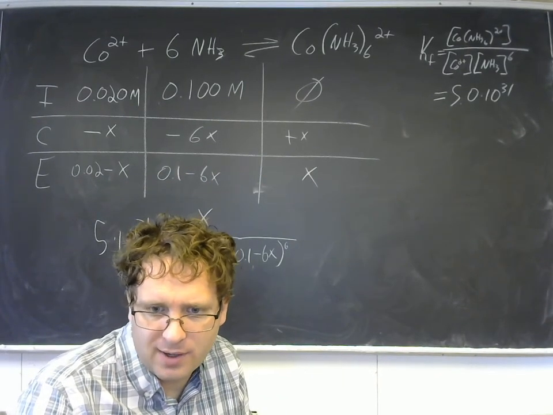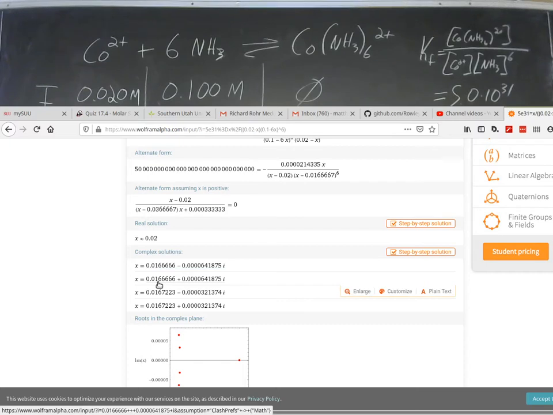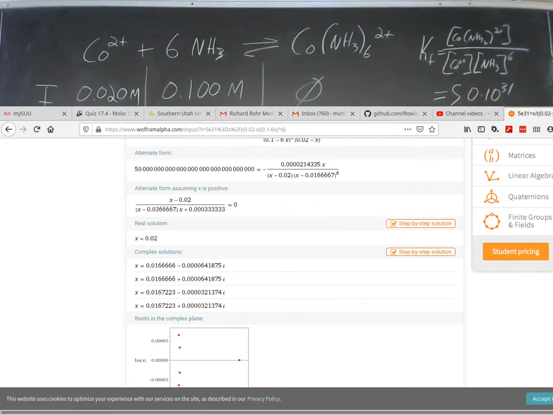We can come back to Wolfram, and like I said, let's look at these two values here. 0.0166666. If I take that and I multiply it by 6, so let's do this.